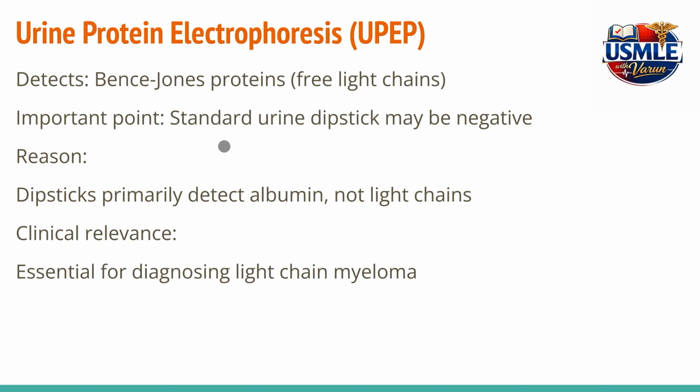You can't decide whether it's a case of multiple myeloma just by doing a urine dipstick, because the dipstick might be negative for these free light chains, as it only detects albumin. So you can't rely on a standard urine dipstick for diagnosing multiple myeloma, and you definitely need to do urine protein electrophoresis.